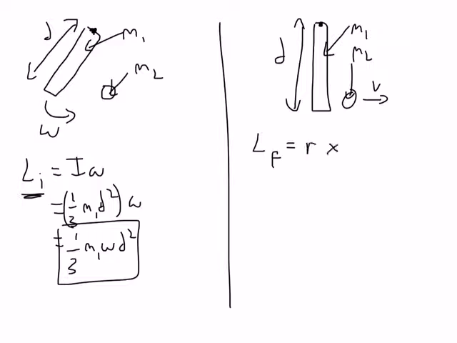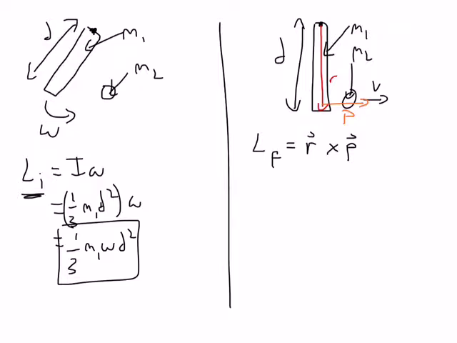We want to use R cross P. And R, I'm going to draw in red, is the distance from the pivot to the point of impact, and P is the direction of the momentum of the ball, right?